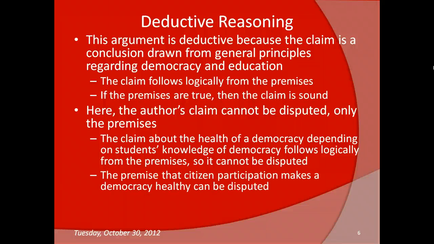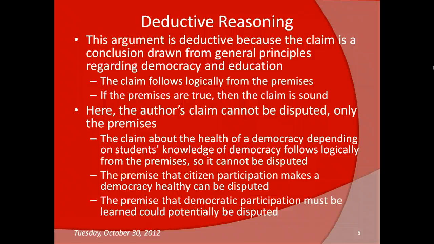However, the premise that citizen participation makes a democracy healthy can be disputed, and the premise that democratic participation must be learned could also be disputed. That is what makes this deductive reasoning: the structure, that general premise to specific conclusion, and also the fact that you can dispute the premises but not the logic of the conclusion.